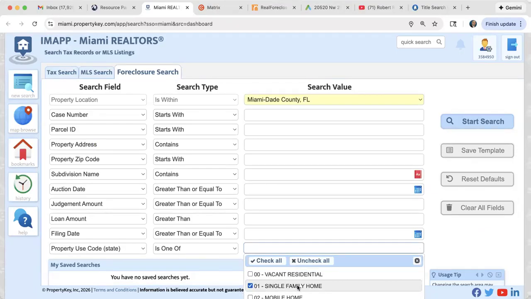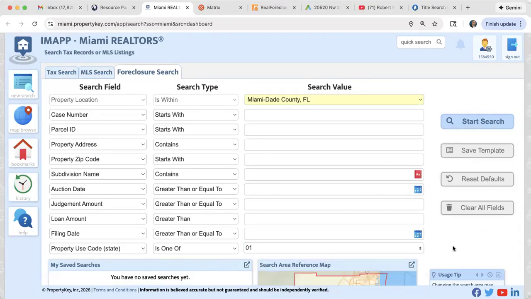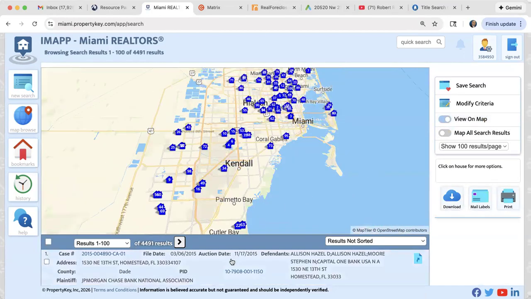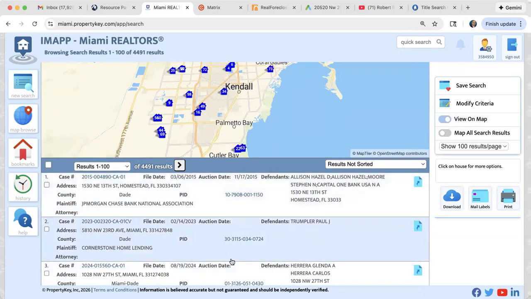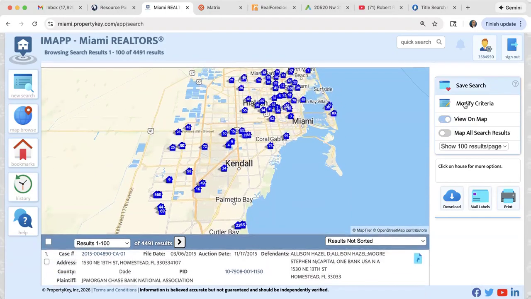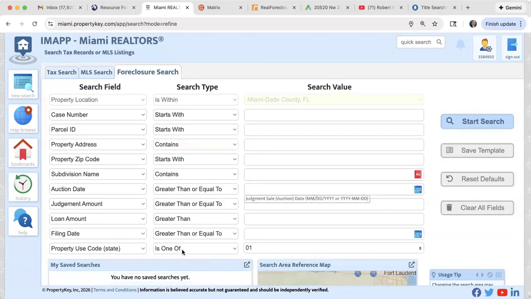So for property type, we're going to select single family home, and I click on start search. In all of Miami-Dade County right now, there are 4,491 properties that are under the foreclosure process. Within the last year, I'm going to click on modify search. Within the last year, so let's go to filing date.